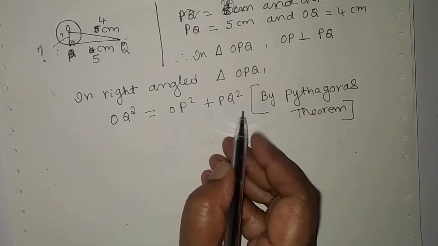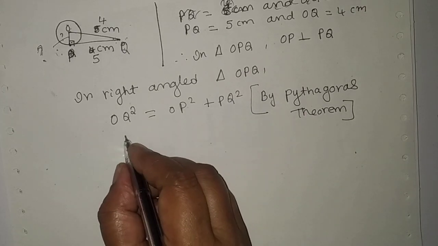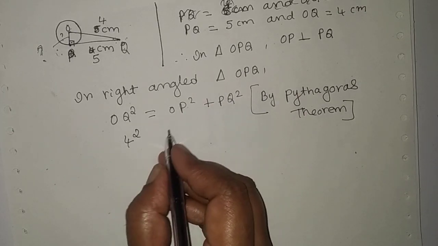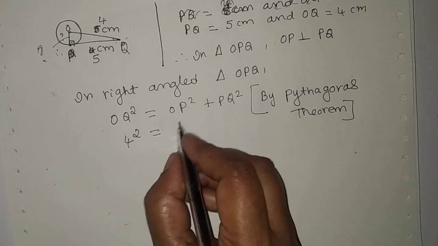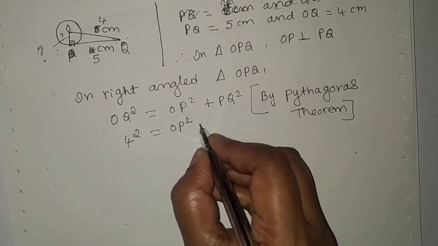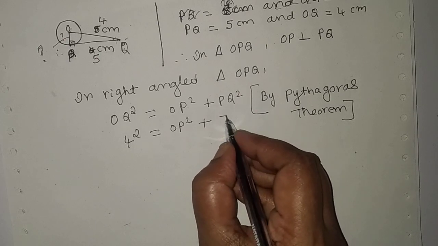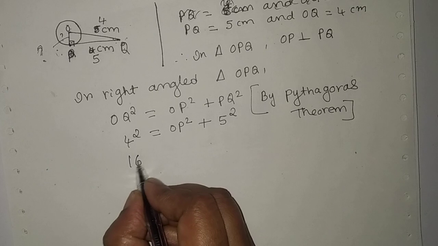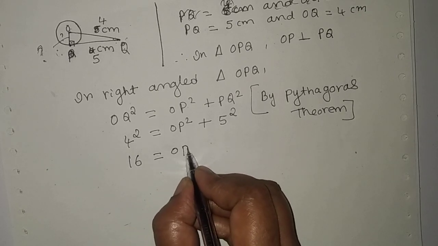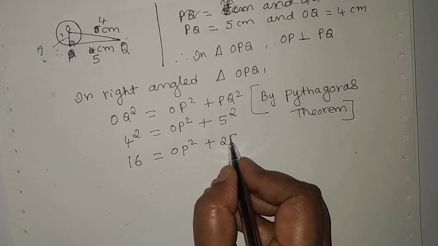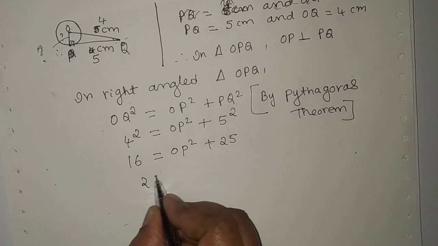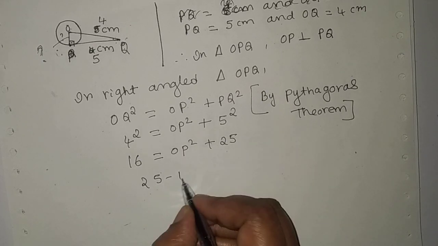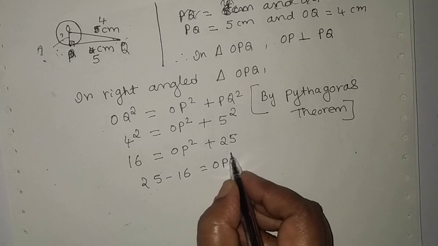Next, substitute the values: OQ square is 4 square, OP square we have to find out, that is the radius, and PQ is 5 square. Now simplify: OP square plus 25, therefore 25 minus 16 is equal to OP square.